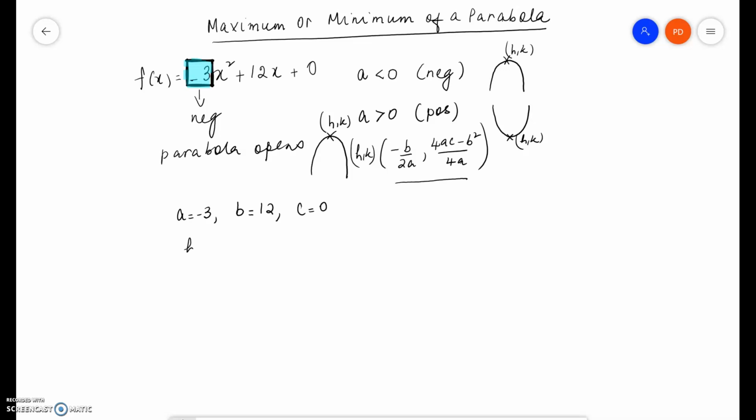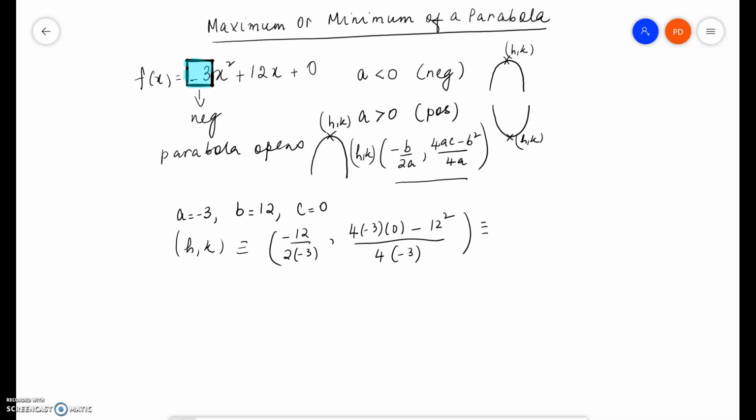Now h, k is negative b over 2 times a, comma, 4 times a times c minus b squared over 4 times a.